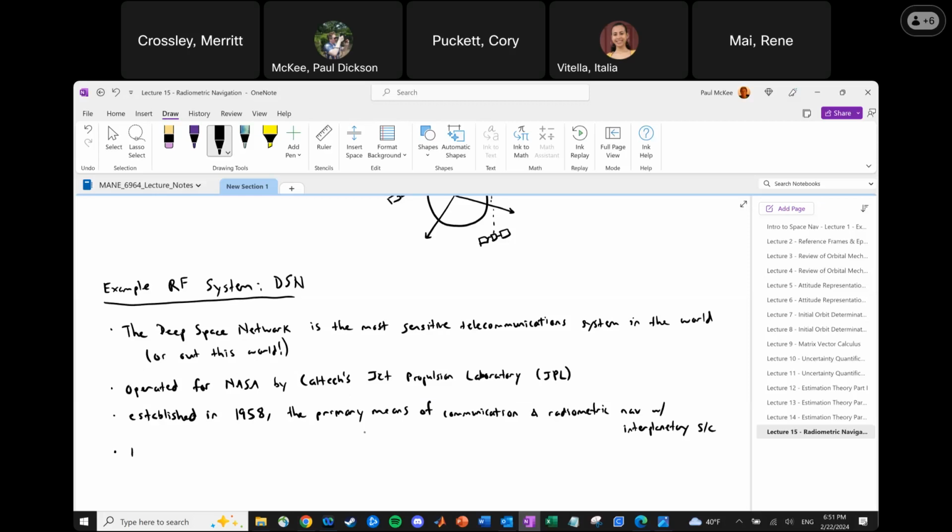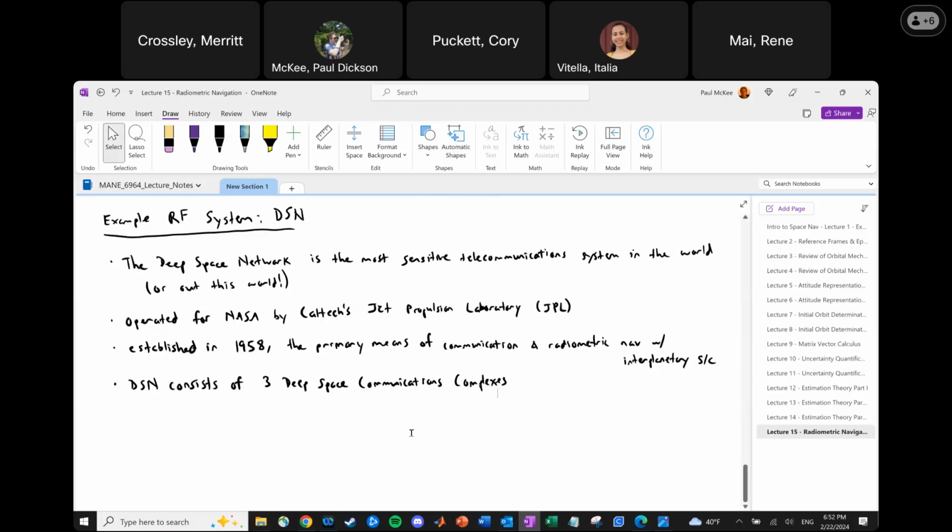The DSN consists of 3 deep space communications complexes, abbreviated DSCC. So there are basically 3 DSN stations in the world.